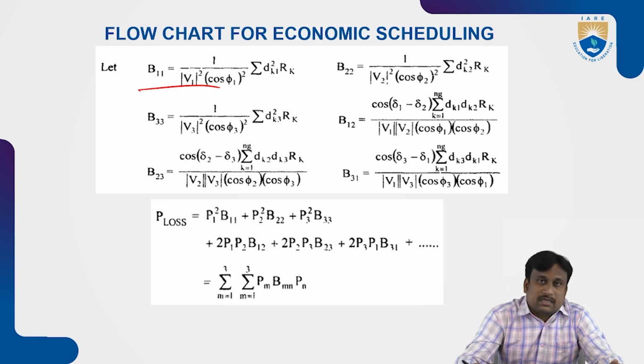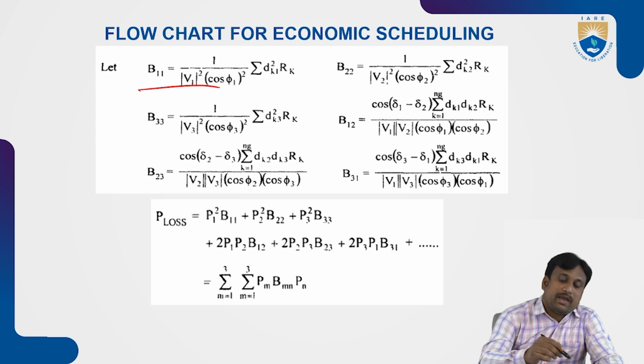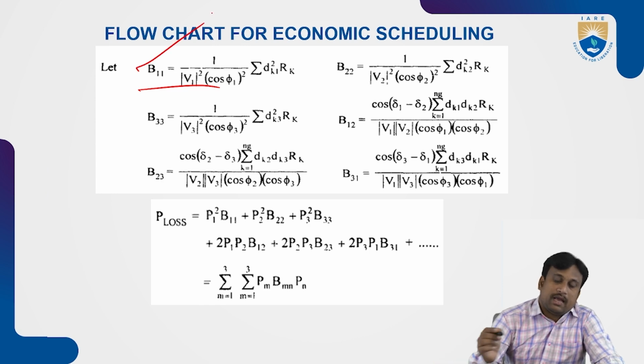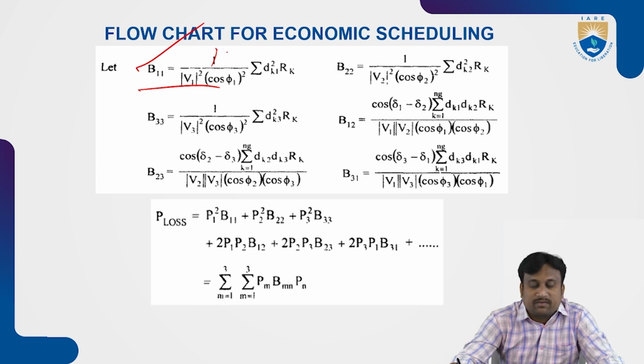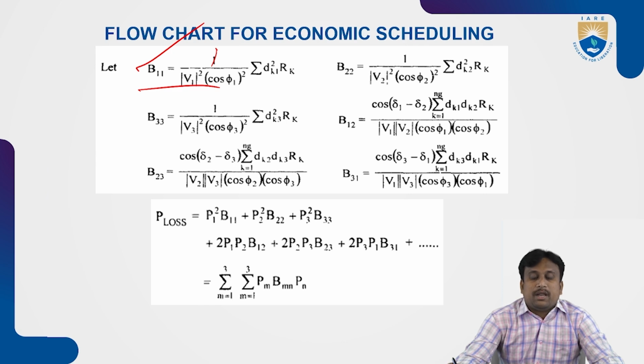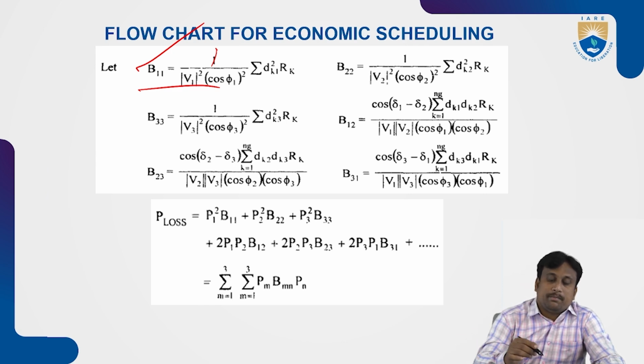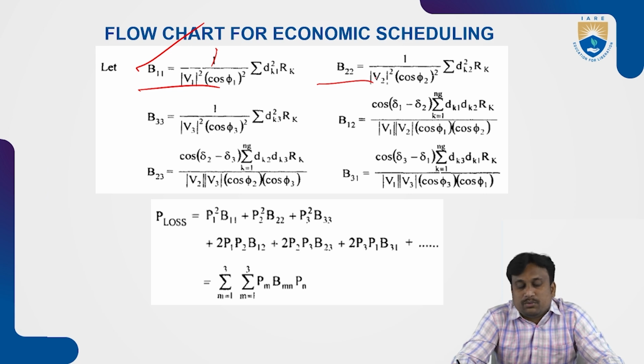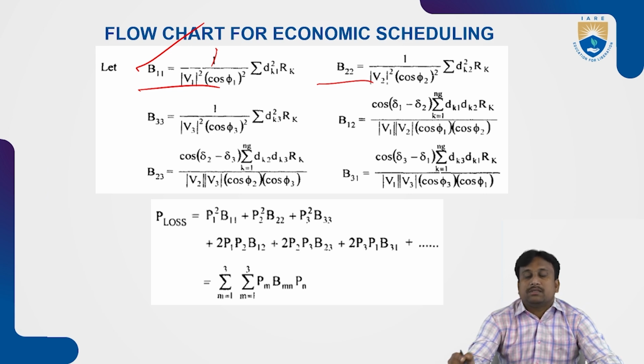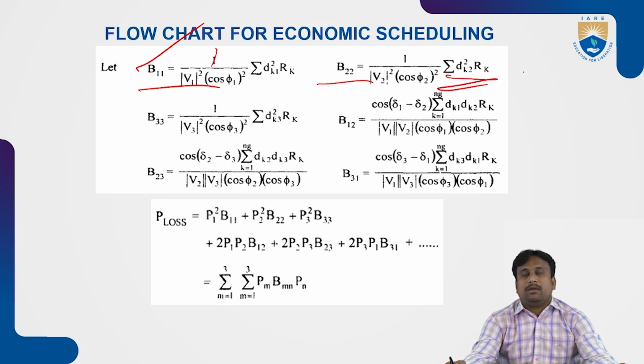So these are treated as the loss coefficients. Assuming the first loss coefficient B11 as 1 by V1 square cos phi 1 square sigma dk1 square Rk, then B22 becomes 1 by V2 square cos phi 2 square sigma dk2 square Rk.